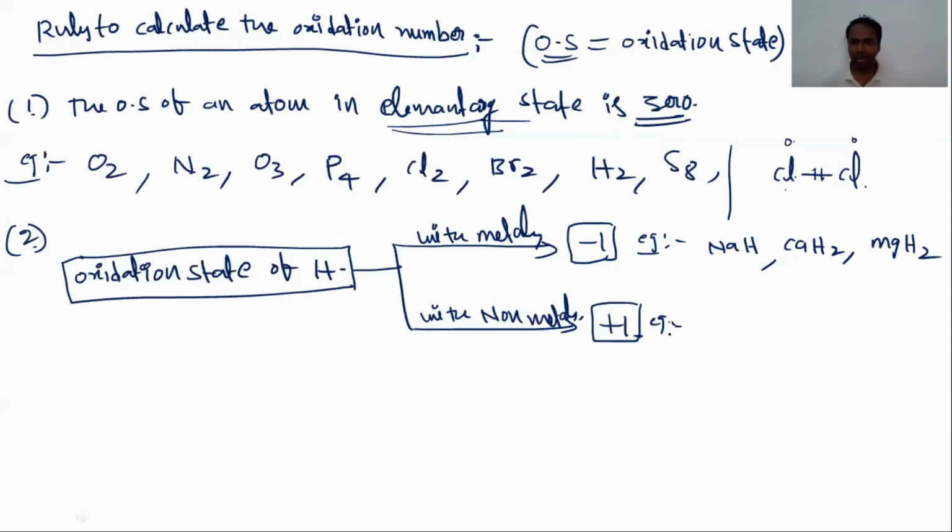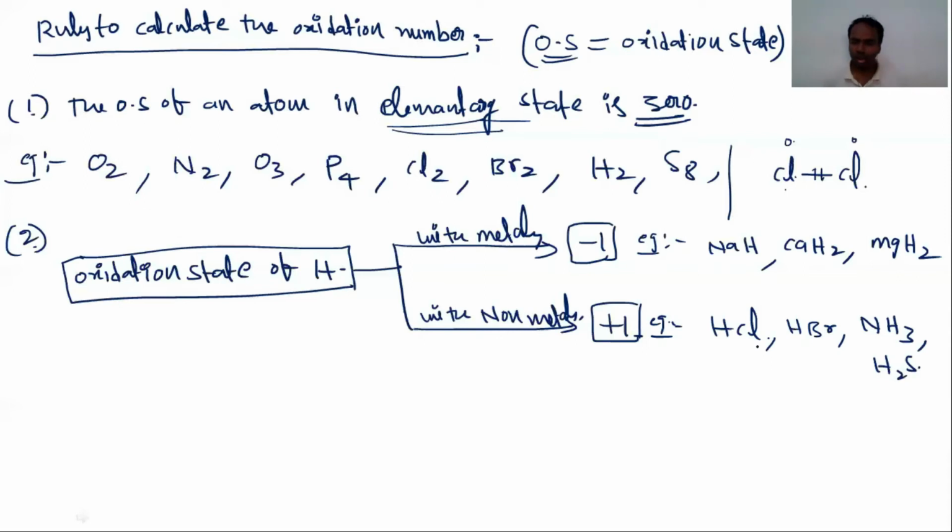Now take non-metals. Most of the p-block elements are non-metals. HCl: here Cl is -1, H is +1. When hydrogen is bonded with non-metals, hydrogen has to lose electrons because non-metals have high electronegativity. In the same way, HBr, NH3, H2S.